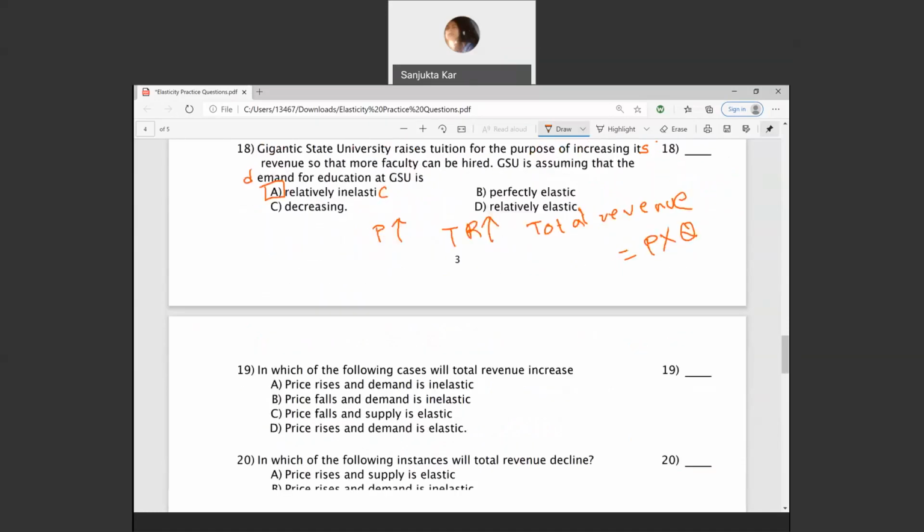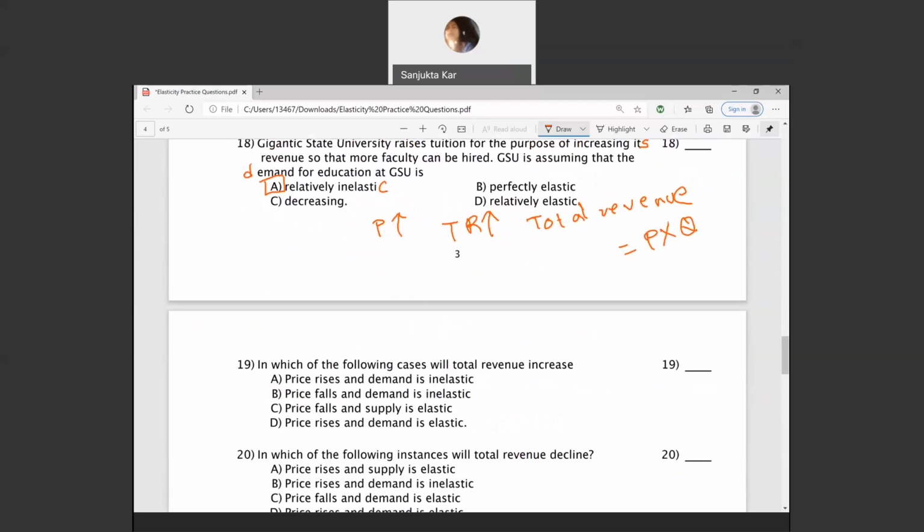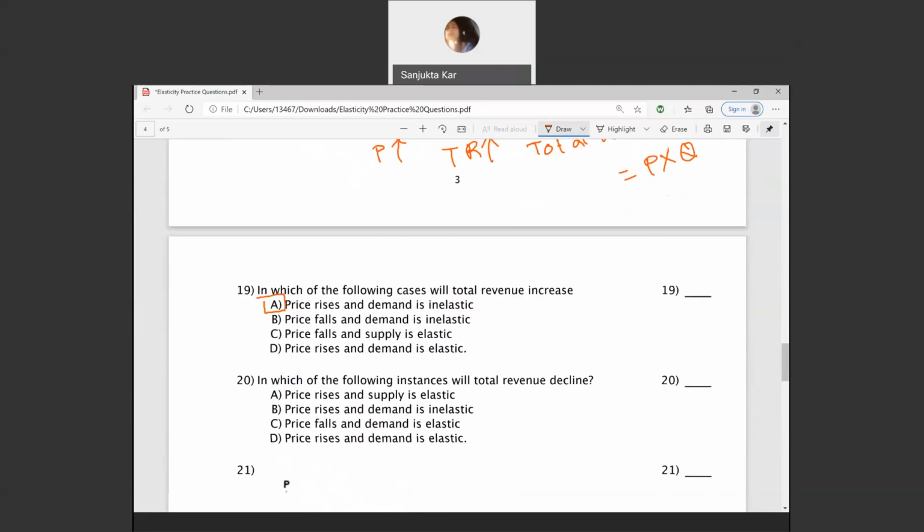Alrighty, question number 19. In which of the following cases will total revenue increase? Price rises and demand is inelastic. Question 20. In which of the following cases will total revenue decline?